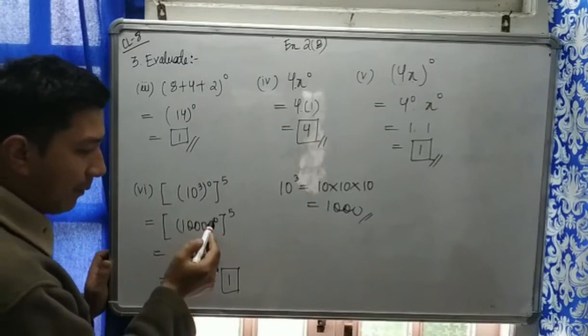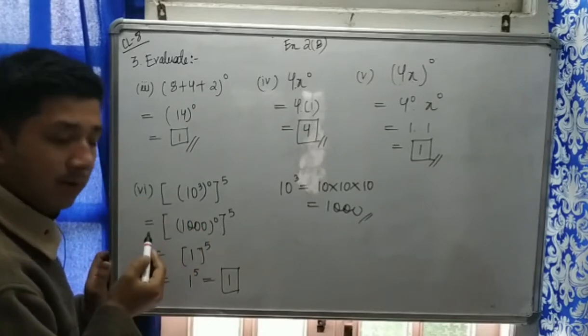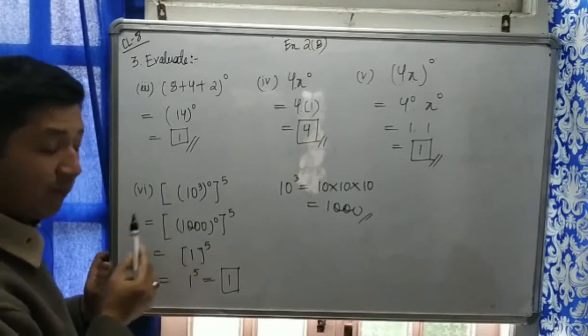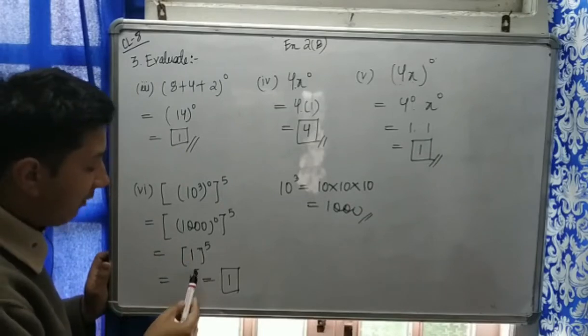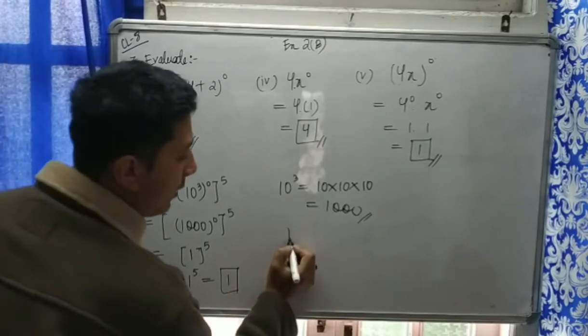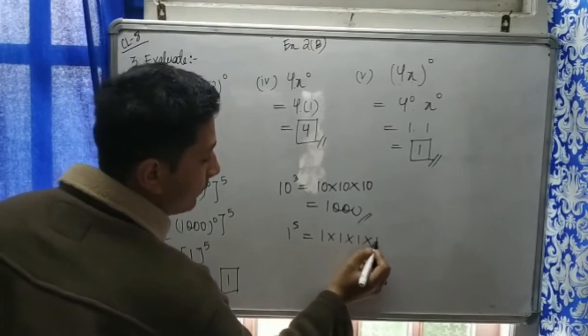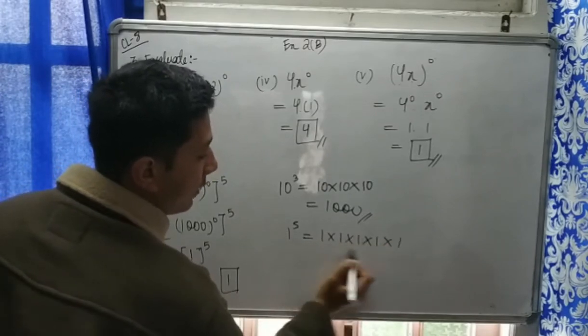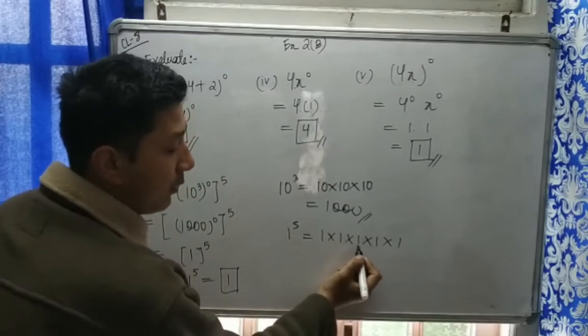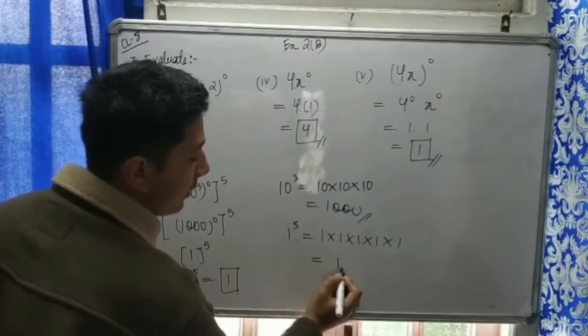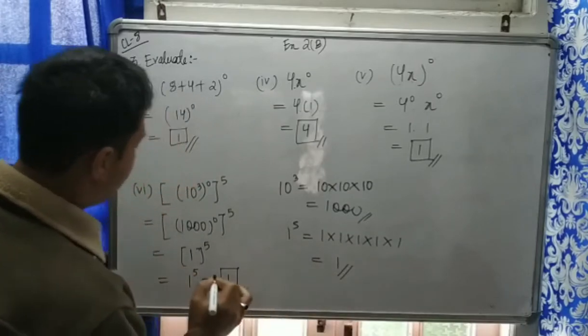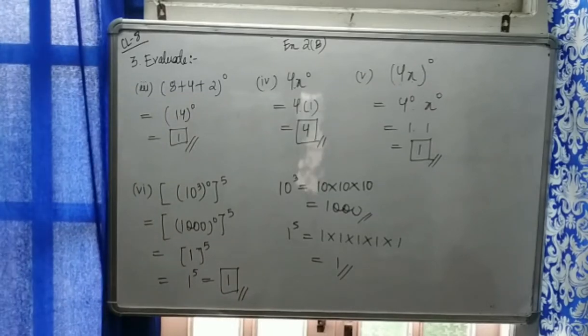Now anything to the power 0 always equals 1, which becomes 1 to the power 5. 1 to the power 5 means multiply 1 five times: 1, 2, 3, 4 and 5. 1 into 1 is 1, and so on, so the answer is also 1. So this is your part 6.